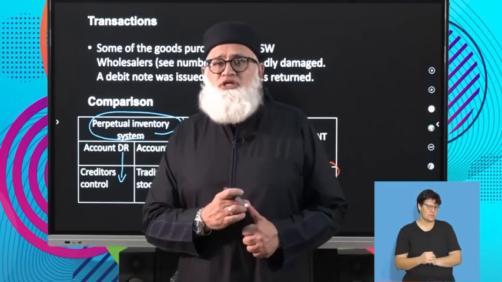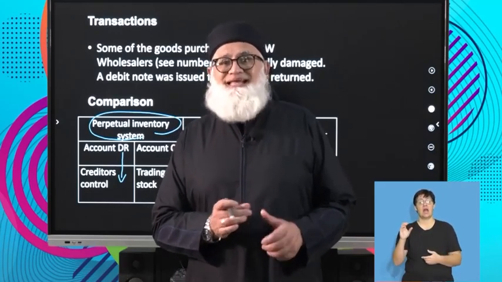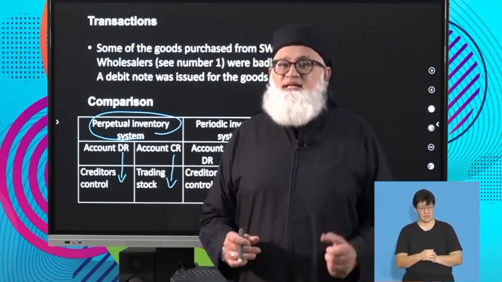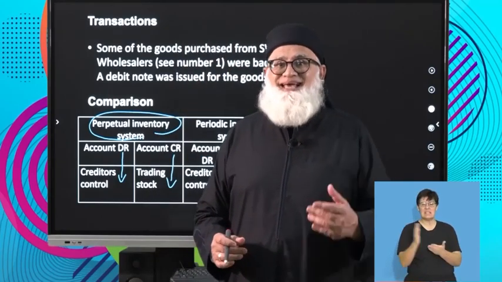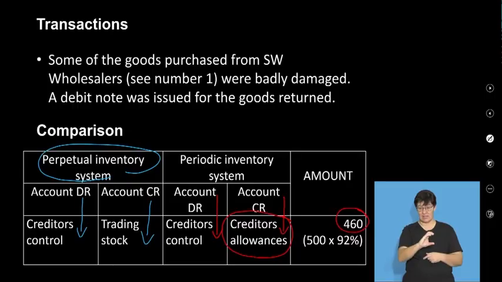However, what is important now, notice I'm using a new account called creditors allowances. Now, very often you could also find that in some instances the account credited here could have been your purchases account. That is also acceptable.